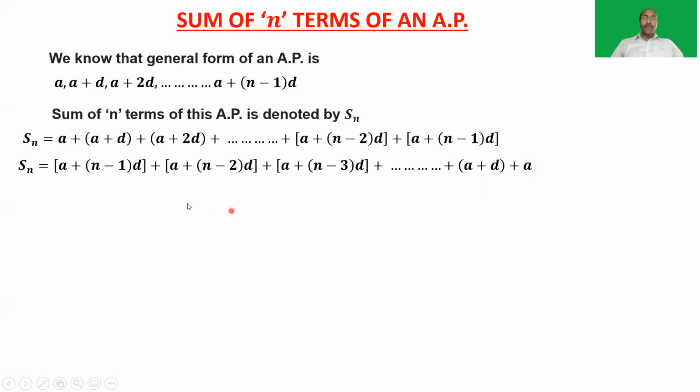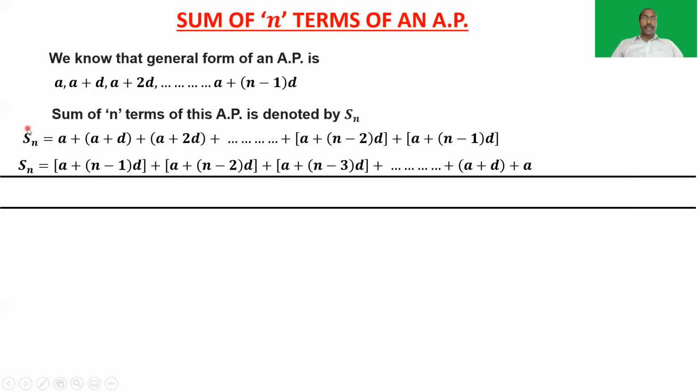Now, adding these two equations, we get Sn plus Sn, which is 2Sn. Adding the first terms on the right side, we get a plus a plus (n minus 1) into d, that is 2a plus (n minus 1) into d.